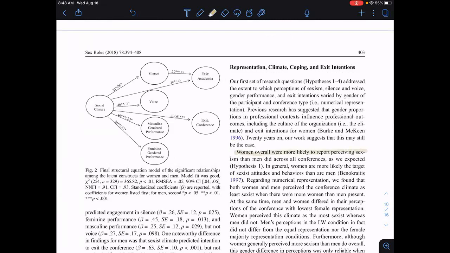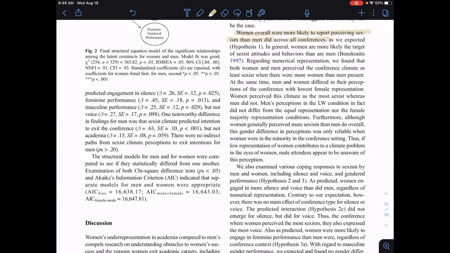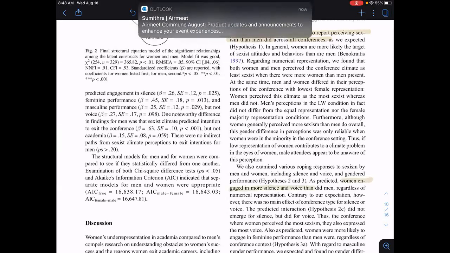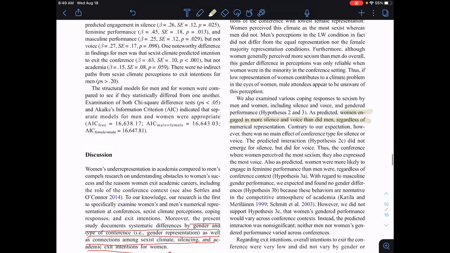Women overall are more likely to report perceiving sexism than men across all conferences. Hypothesis 1. We also examine coping responses as predicted. Women, and you see I'm skipping tons of stuff here, engaged in more silence and voice than did men. Wow, look at that. Okay, that's pretty shocking.